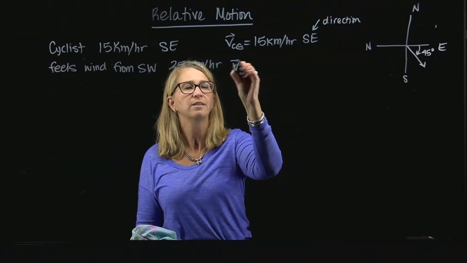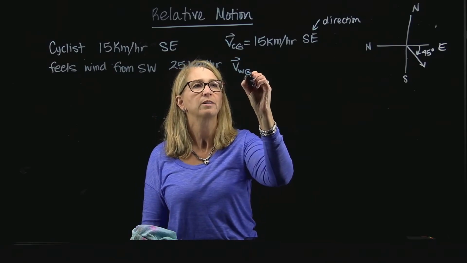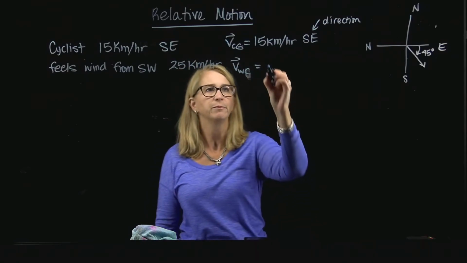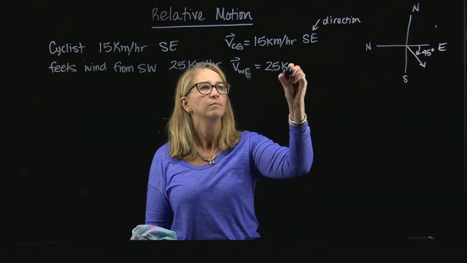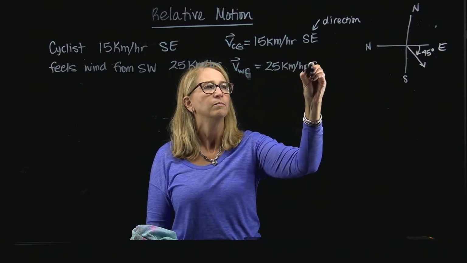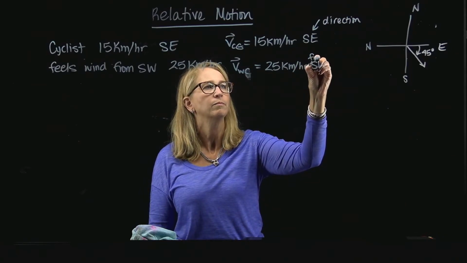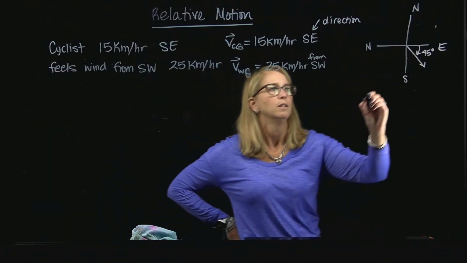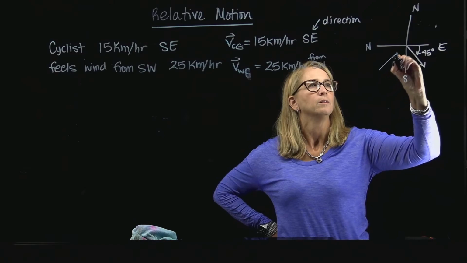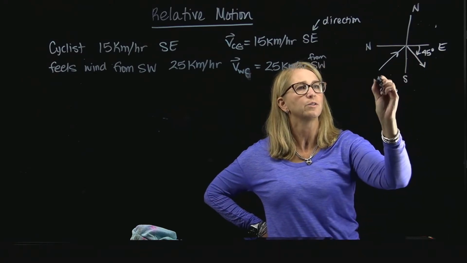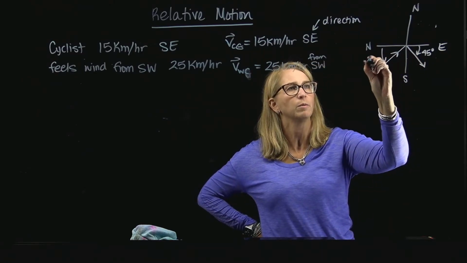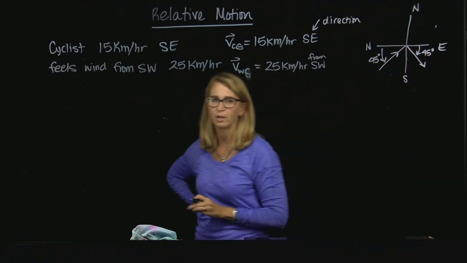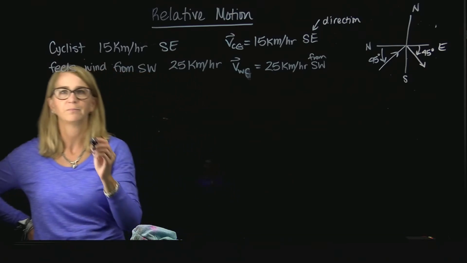So that's the velocity of the wind with respect to the cyclist, because that's what he's perceiving. And he's saying it's coming from the southwest. So this is the wind, and again, because he's talking about southwest, it's 45 degrees. But notice it's from the southwest, so it's going to be pointing in that direction.